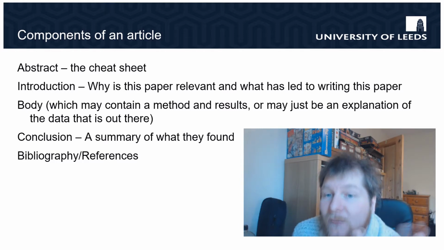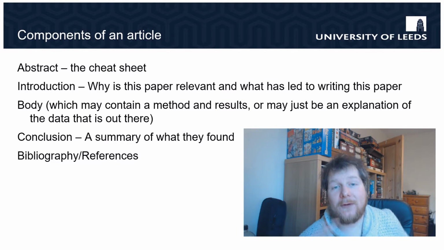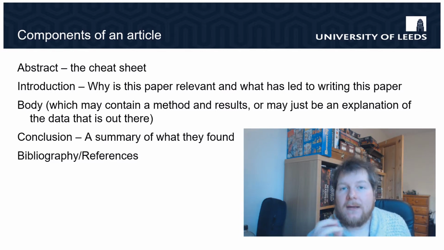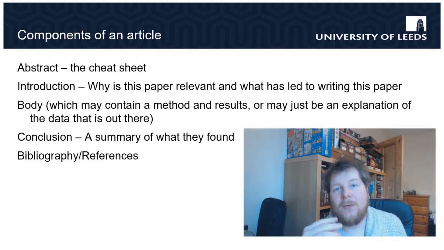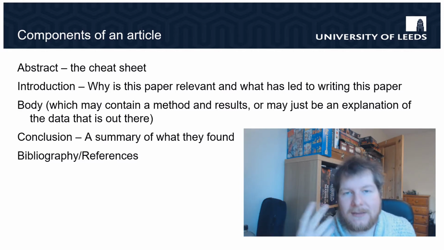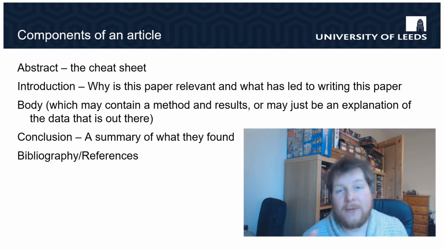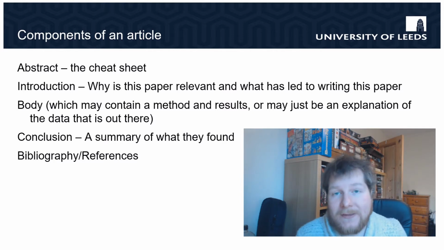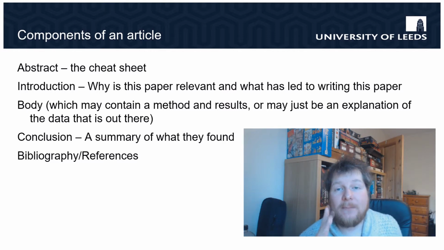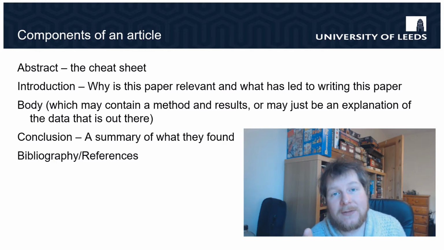And then finally, after that, we have the bibliography section. This is useful for a couple of different reasons. First of all, it helps us know where they got their information from. Was their information reliable for a start? Very similar to how you can appraise your own work, looking at your own references and things like that. But what else it can do is it can point you in directions of other useful pieces of research, articles that you may not have found within your initial study.